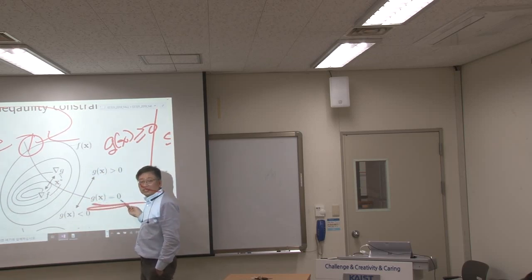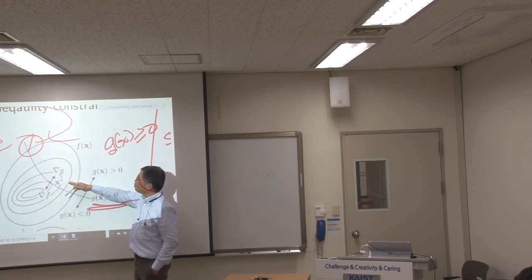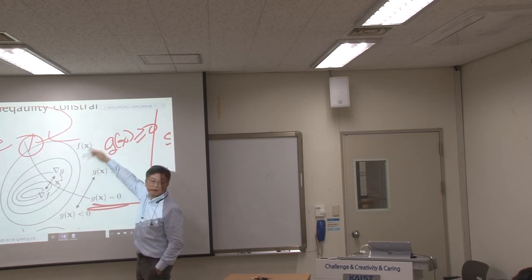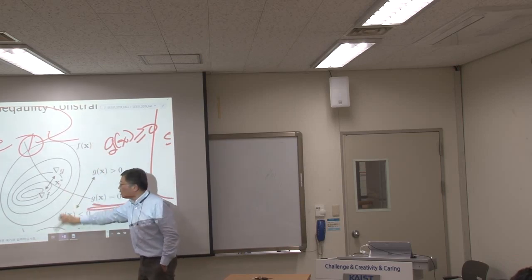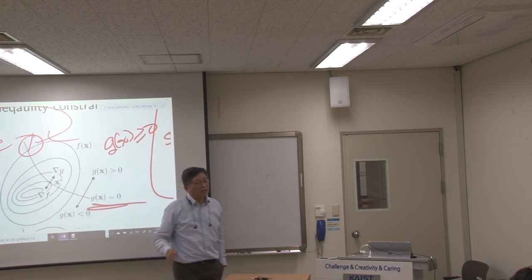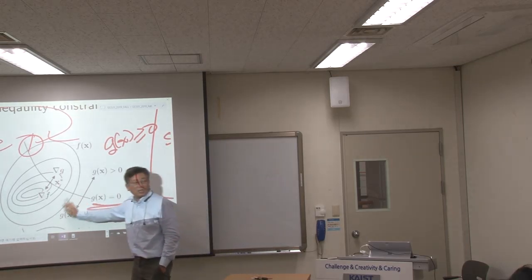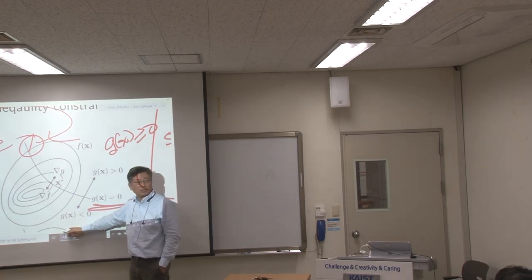This is g(x) equals 0. Then, going this way, I have g(x) equals 1, 2, 3, 4, and 5. It's positive right here. Below that, g(x) is negative, down this way.